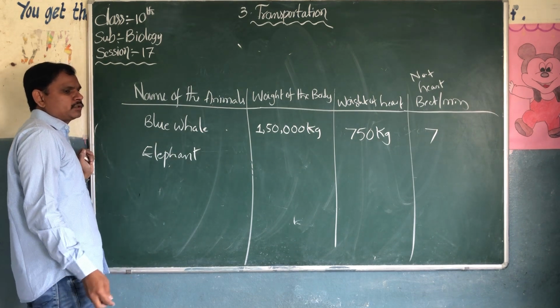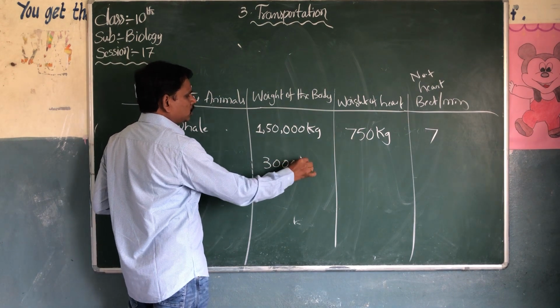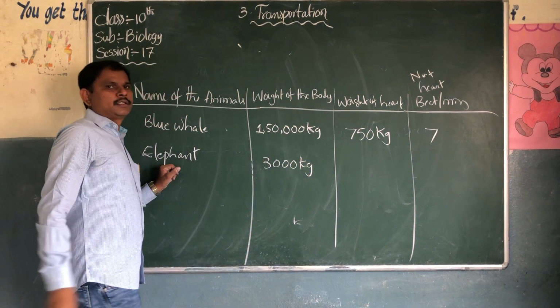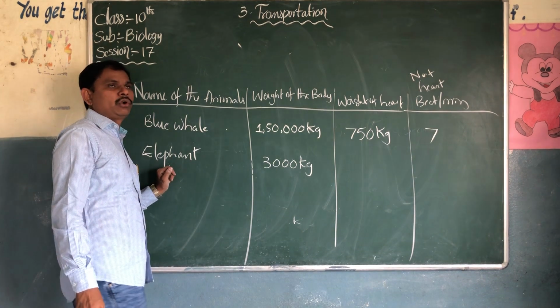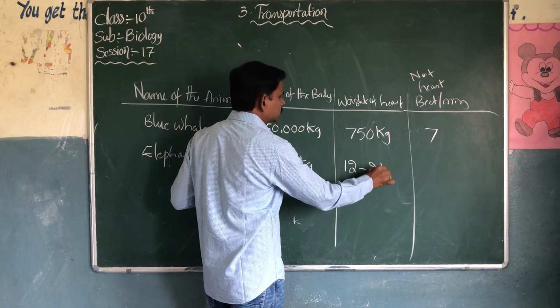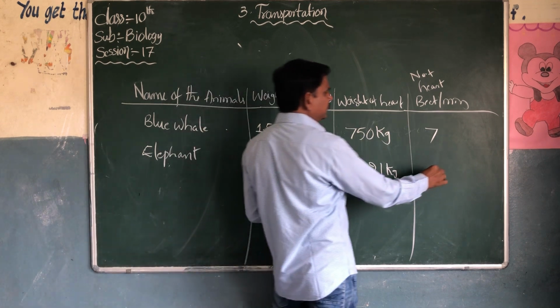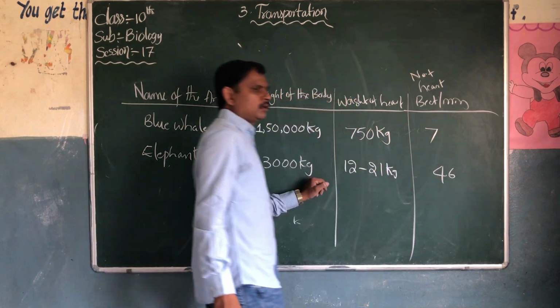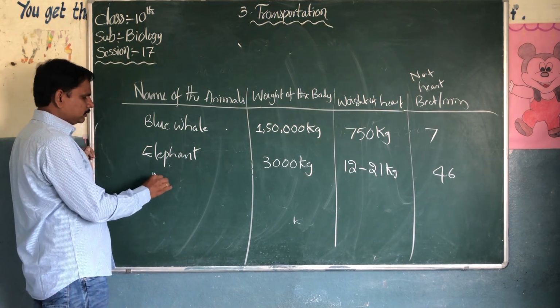Next, come to the elephant. Elephant body weight is around 3000 kg, but the weight of its heart is around 12 to 21 kg. The heartbeat rate is 46 per minute. Come to human beings.